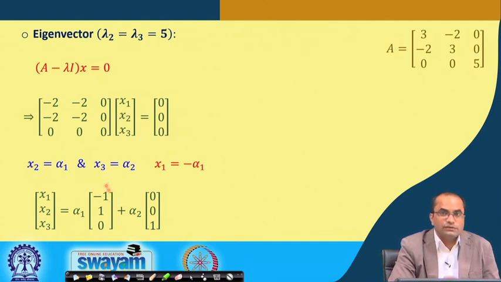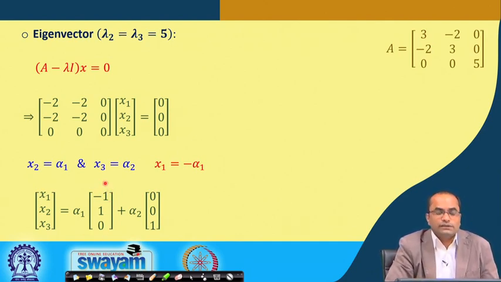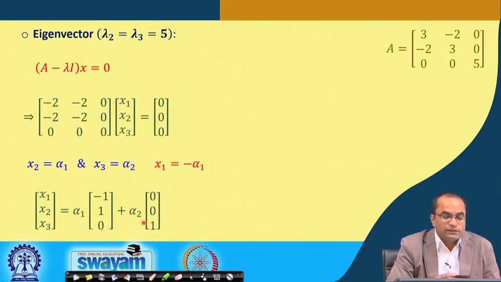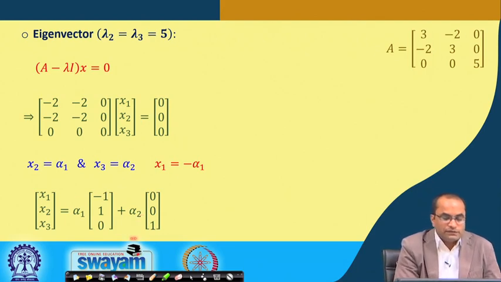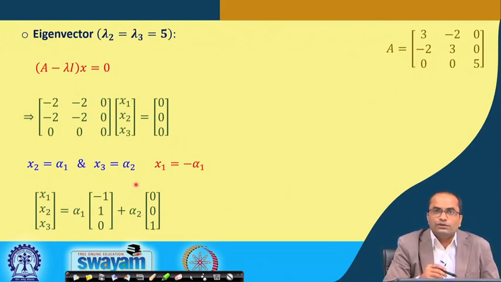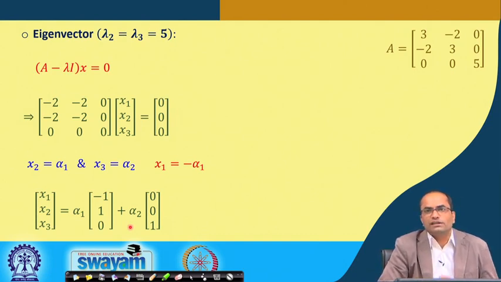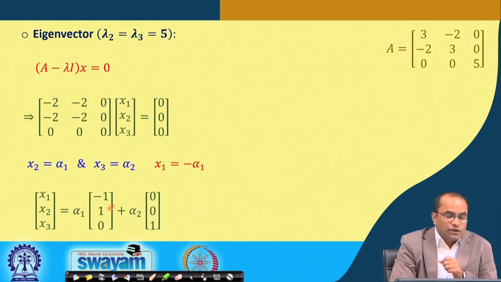Minus 1 1 0 satisfies the given equation, and 0 0 1 also satisfies it, and these two are linearly independent, which we can see from the structure itself. If we set any linear combination of alpha 1 and alpha 2 equal to 0, then alpha 1 and alpha 2 have to be 0. So, that is an easy check for linear independence in this case.